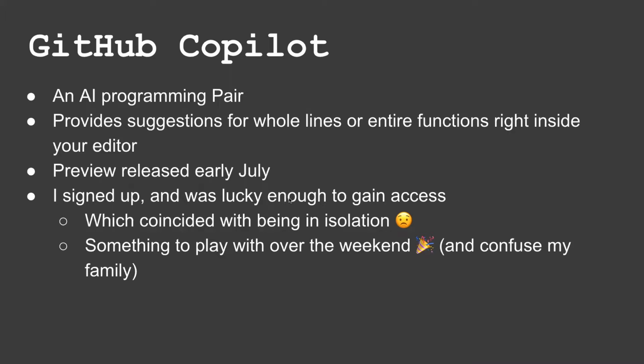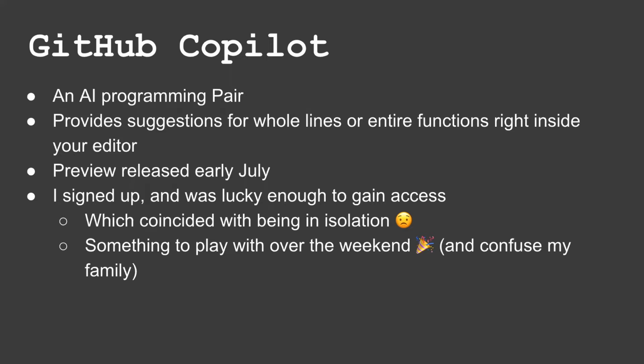In a nutshell, they describe it as an AI programming pair. So similar to the various other tools we have at our disposal, it is a tool to assist us in our programming job. However, rather than providing relatively low-level autocomplete and hints, as the description suggests, it is a more powerful tool for assisting you in your programming tasks.